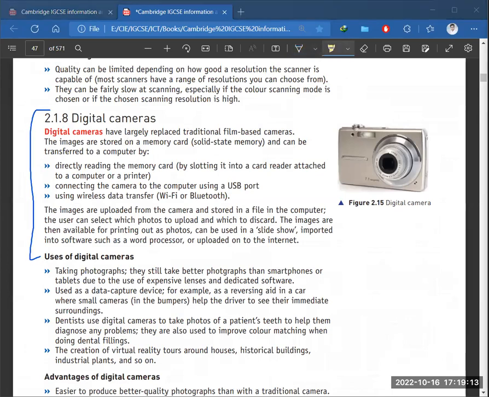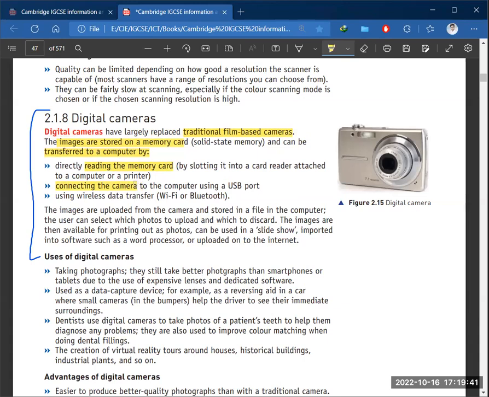Digital cameras. Digital cameras have largely replaced traditional film-based cameras. The images are stored on a memory card, solid-state memory, and can be transferred to a computer by directly reading the memory card by slotting it into a card reader attached to a computer or a printer, connecting the camera to the computer using a USB port, using wireless data transfer, Wi-Fi, or Bluetooth.